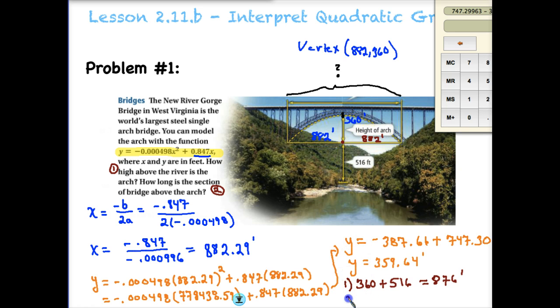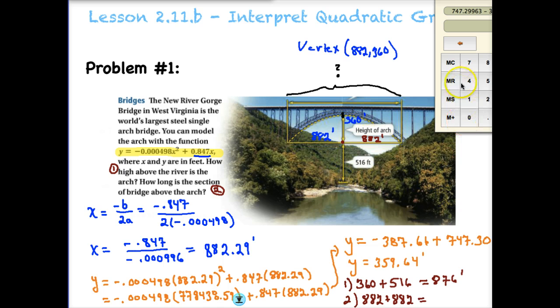So for question number 2, we're just going to take 882 feet times 2, or 882 feet plus 882 feet, and that'll tell us how wide that bridge is.